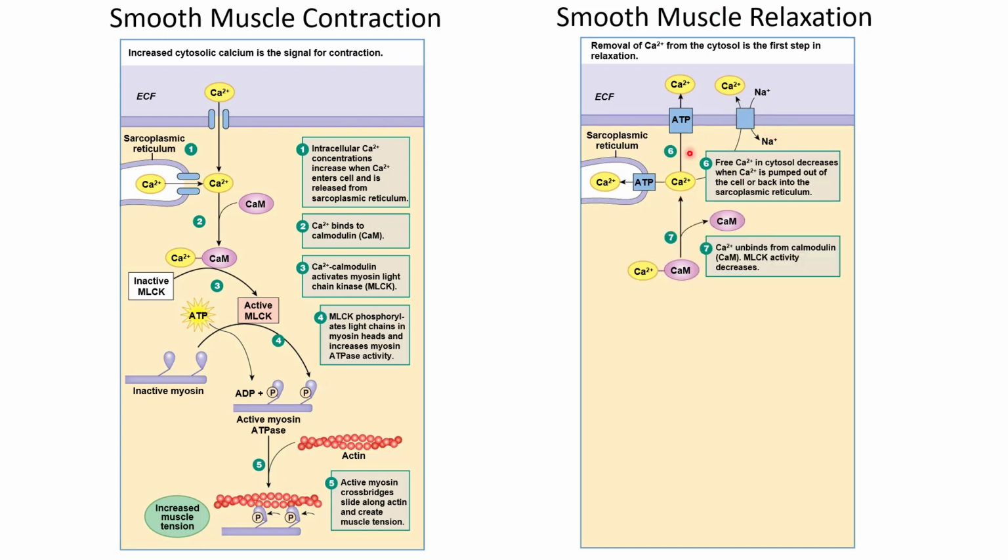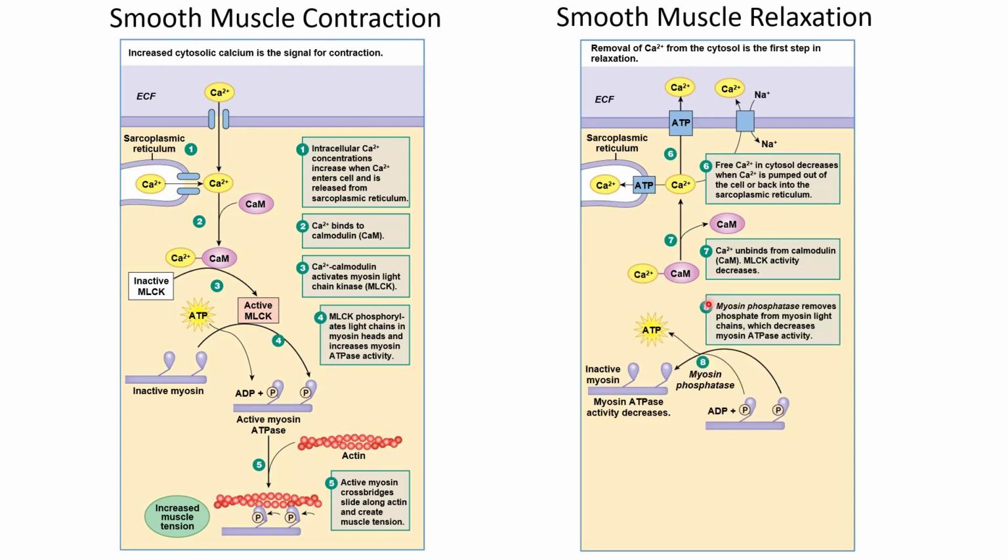And as we start pumping that calcium out, again, we're going to have a dissociation of calcium with calmodulin. When we have that, then we don't have any myosin light chain kinase activity, and instead we have a new enzyme called myosin phosphatase that's going to remove phosphate from our myosin chains and put it back into ATP.